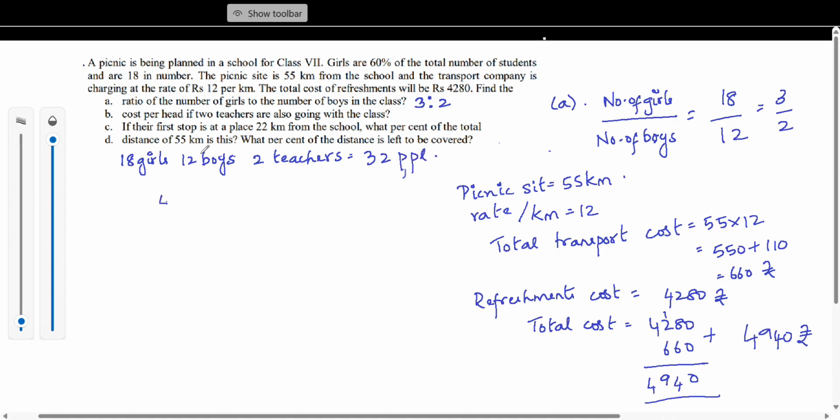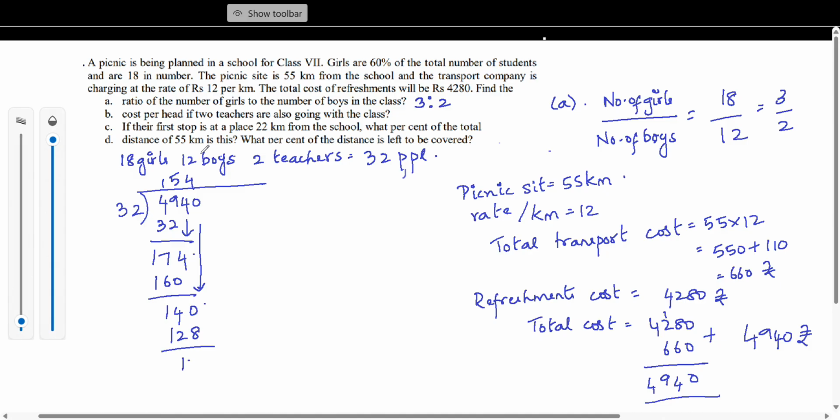Doing long division for 4940 by 32. 32 ones are 32. 17. Bring down this. I think 32 fives will be 160. You'll get a 14. Bring down the 0. 32 fours will be 120 plus 8, 128. You will get 12 at this point. Put a decimal point, add a 0. 32 threes are 96.